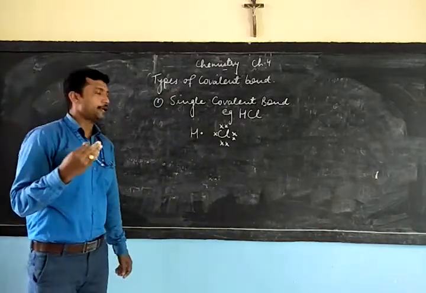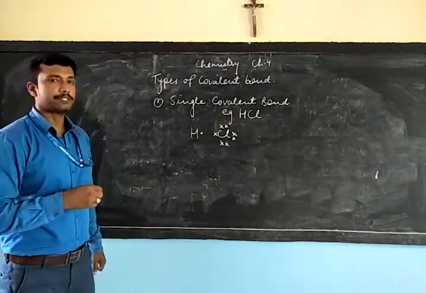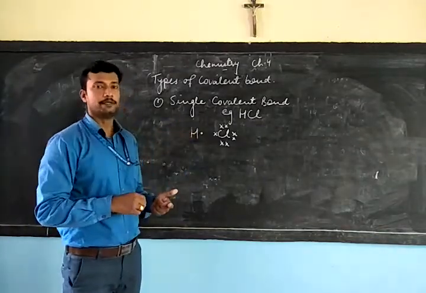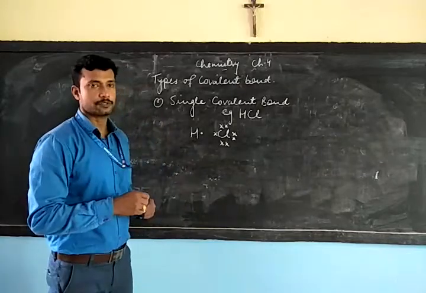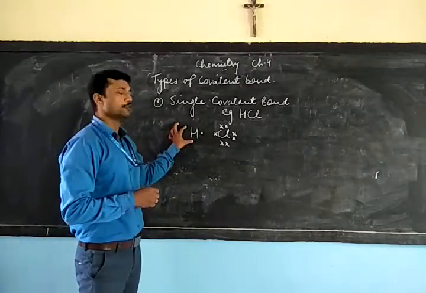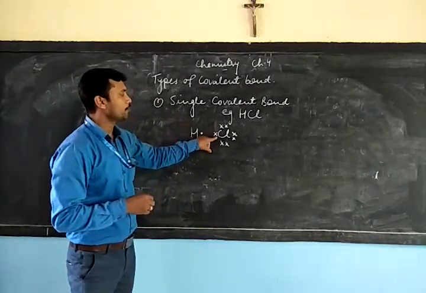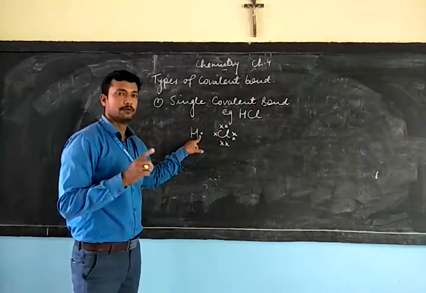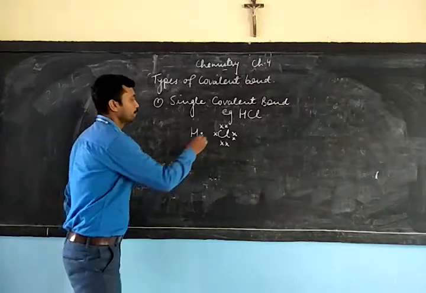Now next stage will be to make each of these atoms stable. Hydrogen can become stable by completing its duplet, that is by having 2 electrons. So for having 2 electrons, 1 electron will be taken from chlorine, because this hydrogen already has 1 electron.